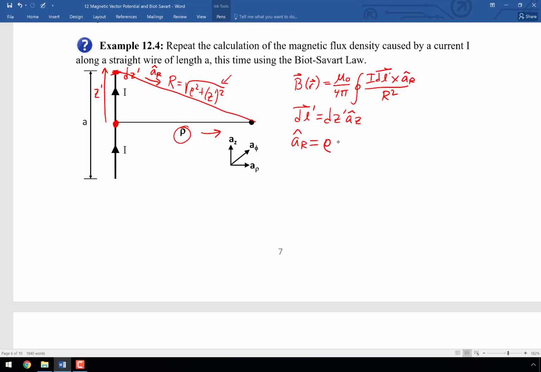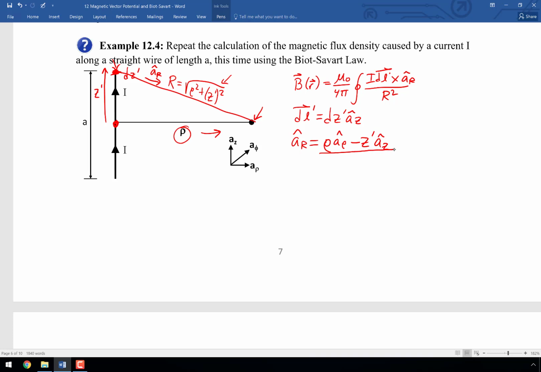So this is rho a sub rho. And then I'm going to need to go negative z prime. So I'm starting here, and I'm going to here, so I need to go down z prime units in the a sub z direction. So I would be done, except for the fact that this is no longer a unit vector. So I need to unitize it.